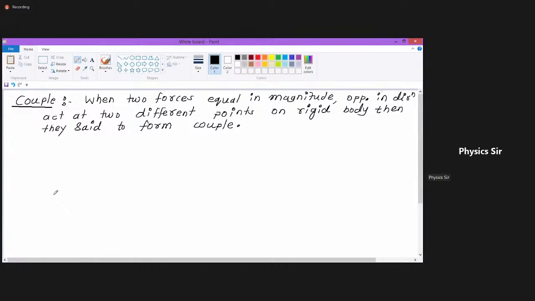Now, what is this couple or torque? The formula is the same as the moment of force: vector R cross vector F. It means it is the product of the magnitude of one force and the distance between the two forces.